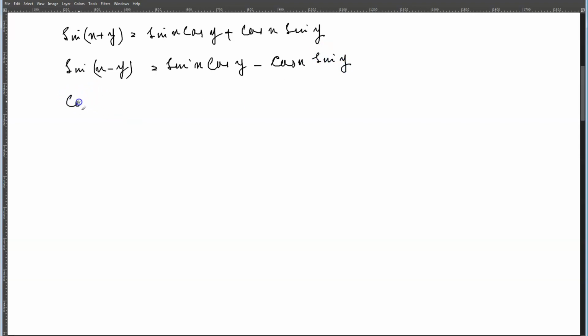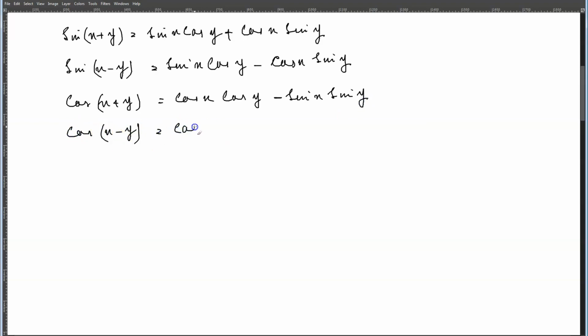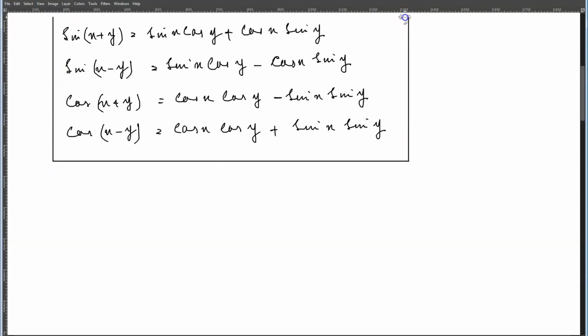We also said that the cos of x plus y is equal to cos x cos y minus sin x sin y. We also said that the cos of x minus y is equal to cos x cos y plus sin x sin y. We can use these formulas in order to derive all of those formulas that we talked about.